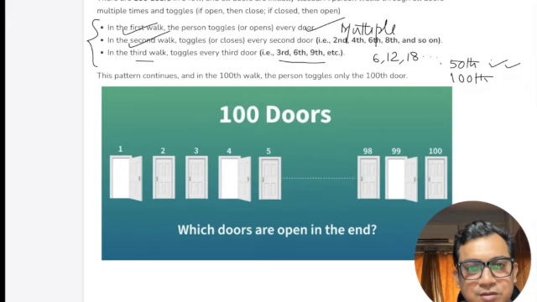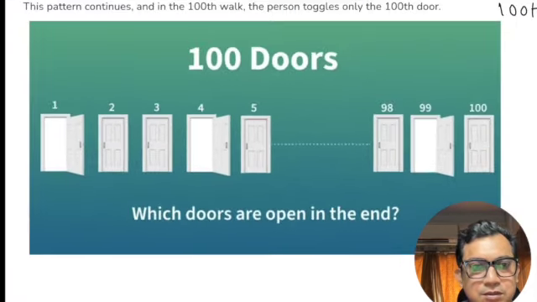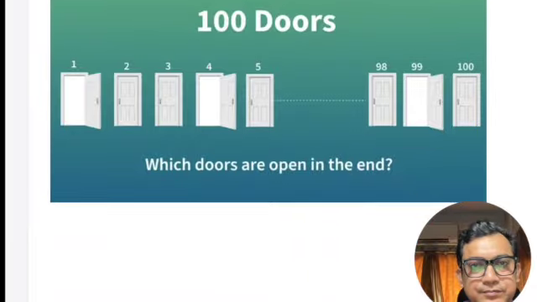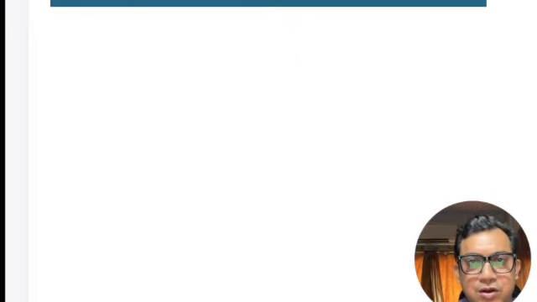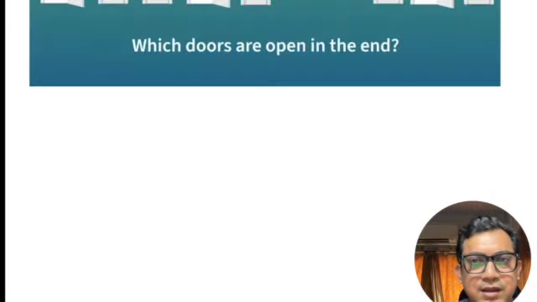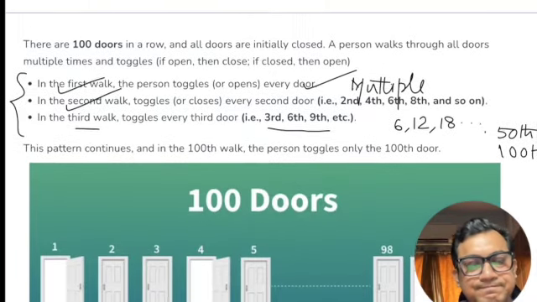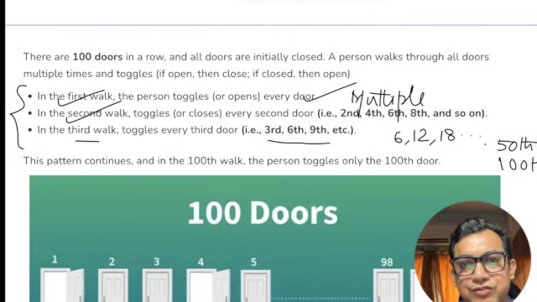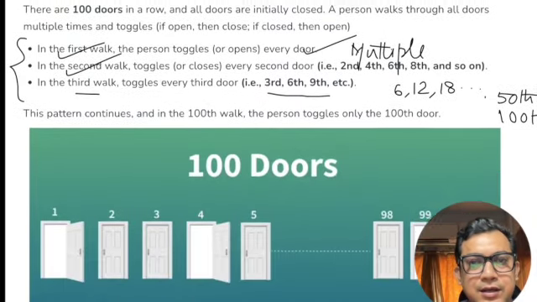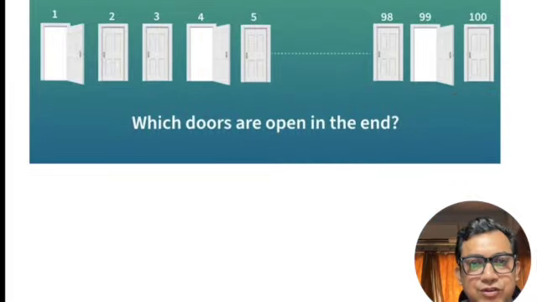You can try this question, but I'll show you a way out. Just a minute. I'm not going to take the case of 100 doors. Rather, I'll take a case of 10 doors, and we'll understand how this logic works.